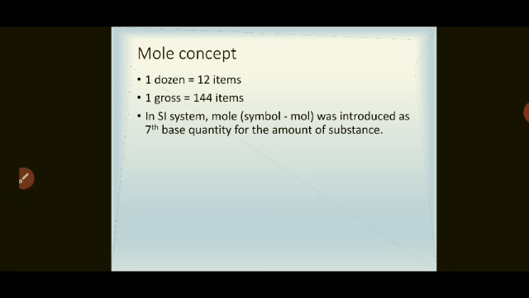Like that, if we buy one gross, it is 144 items, right? So these are the standard terms, 1 dozen is always equal to 12. Whether it is fruits or other objects or paper or anything else, 1 dozen means 12.